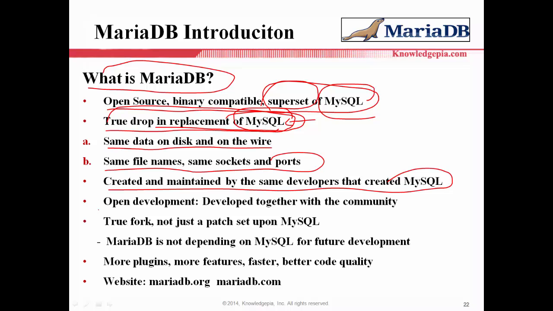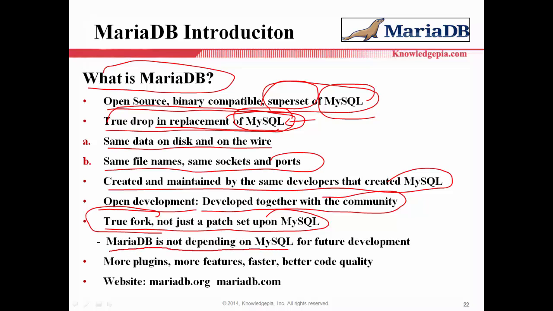And MariaDB is open development, so it is developed together with the community through a fork, not just a patch set on MySQL. Later, I will show you the relationship between MySQL and MariaDB, then you will understand these terms. It means MariaDB is not depending on MySQL for future development.